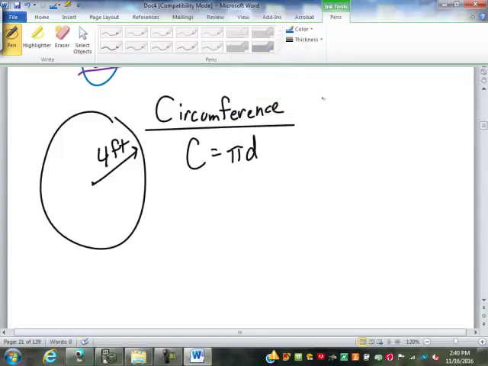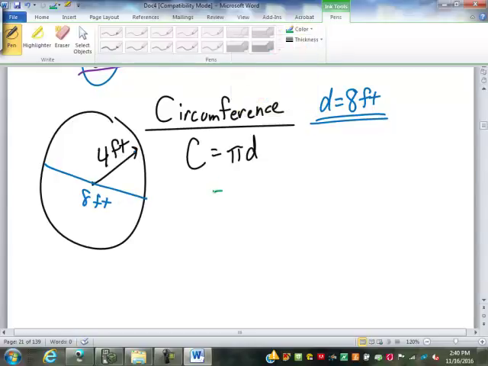For this circle, what is the diameter? It's going to be 8 feet. If the radius is 4, the diameter is double that, or 8.